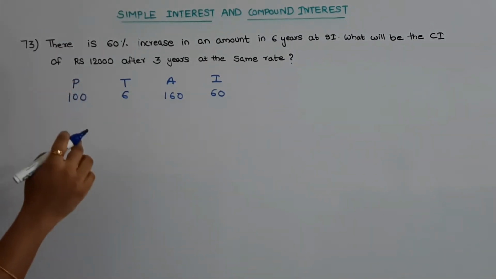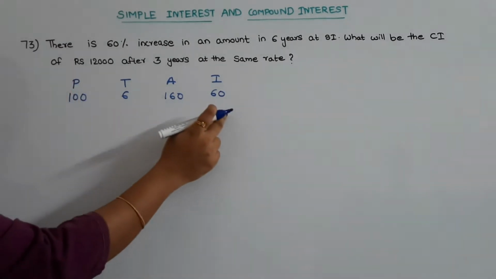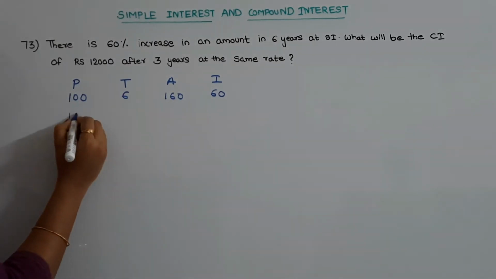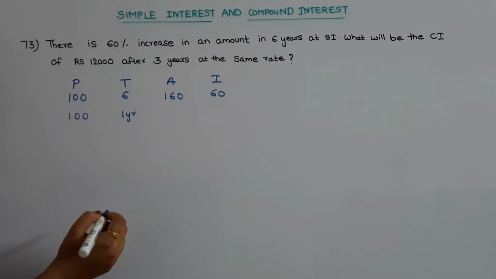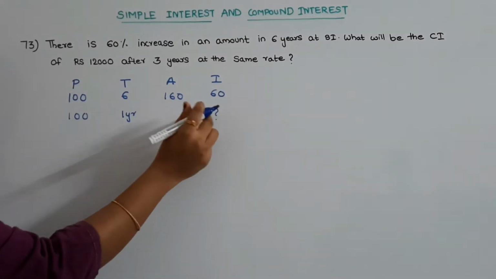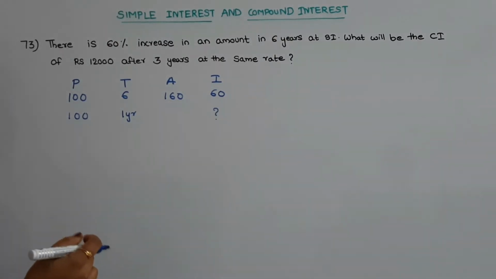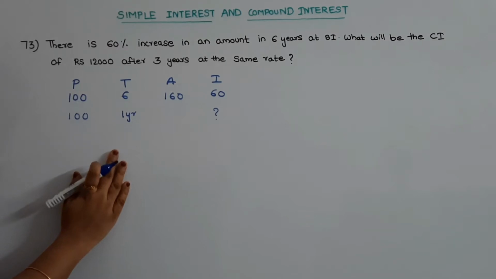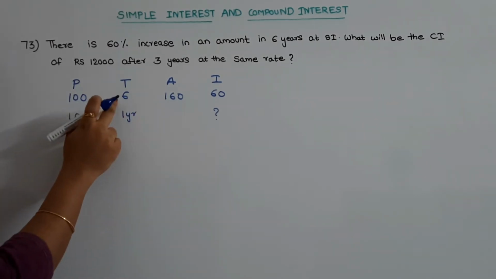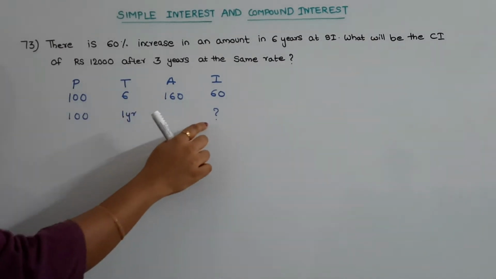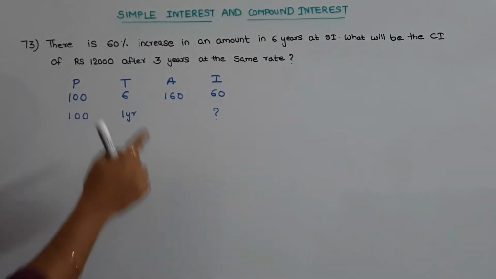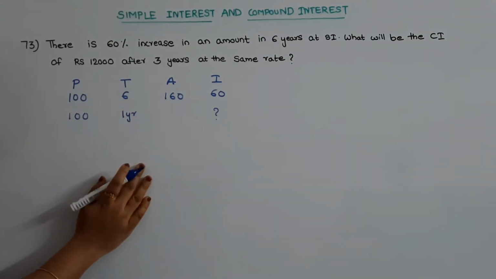Now, we know that rate of interest is the interest when principal is 100 and time period is 1 year. So, if we find out this interest value, we will get the rate of interest. So, when time period is 6 years, interest is 60. So, when time period is 1 year, what will be the value of interest? Interest and time period are directly proportional to each other.